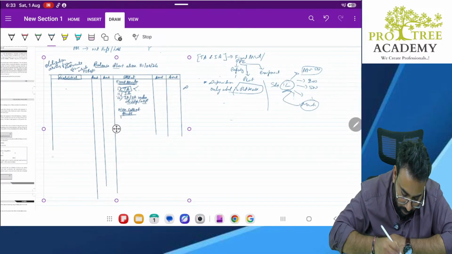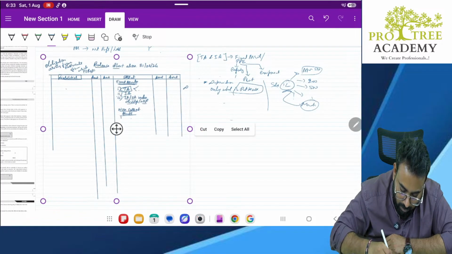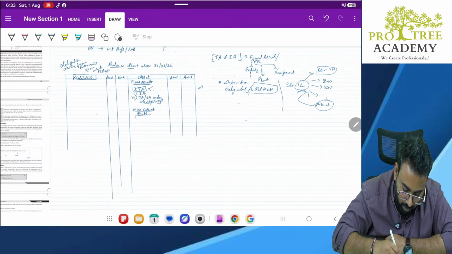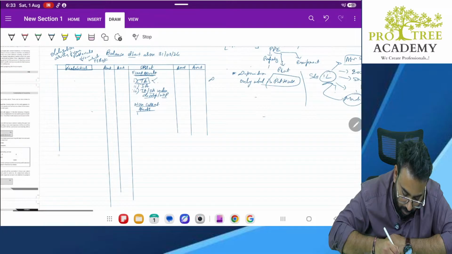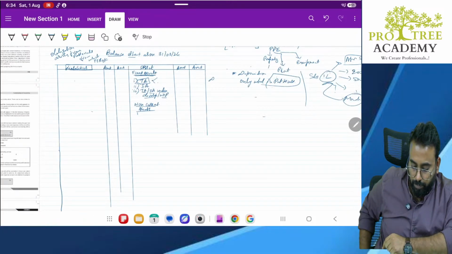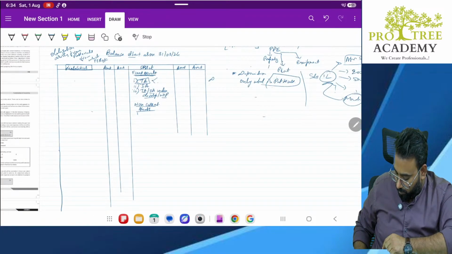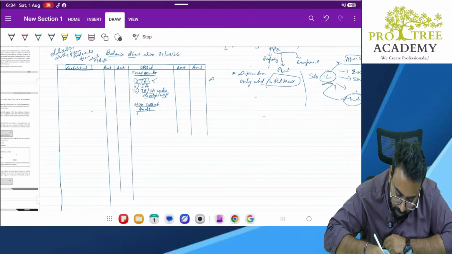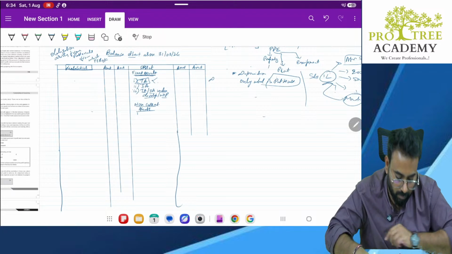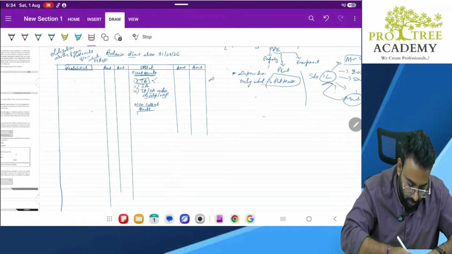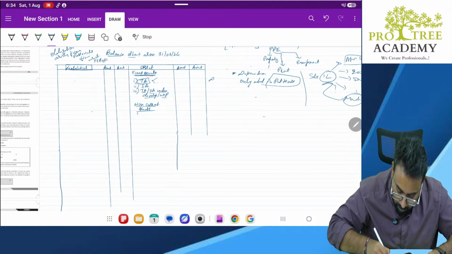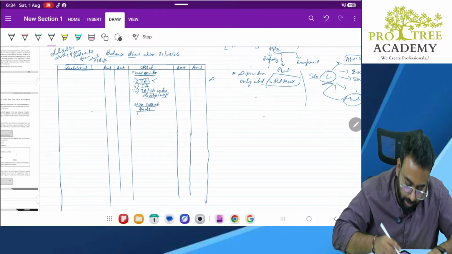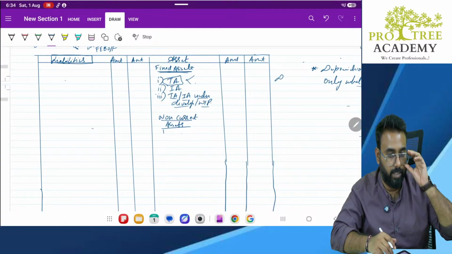Let's ignore it. Okay, sir, tell me, sir, what is non-current assets?